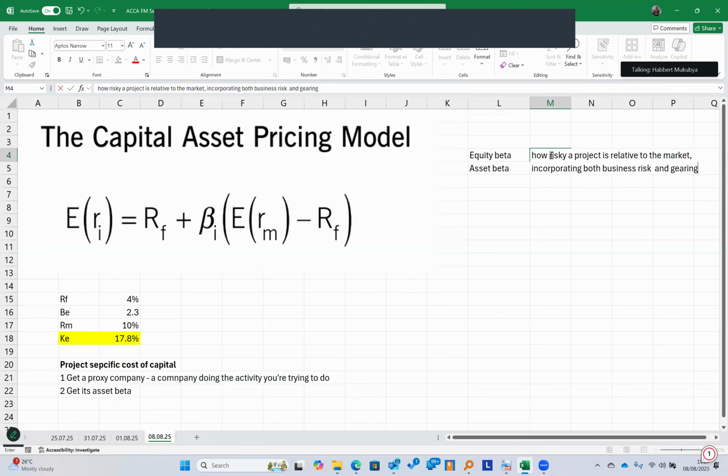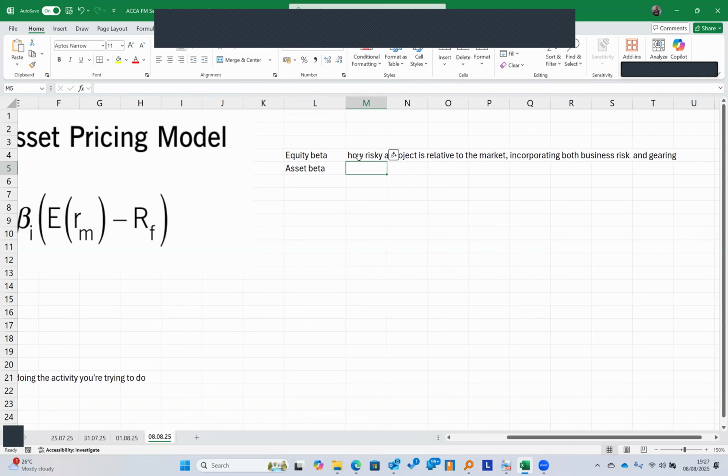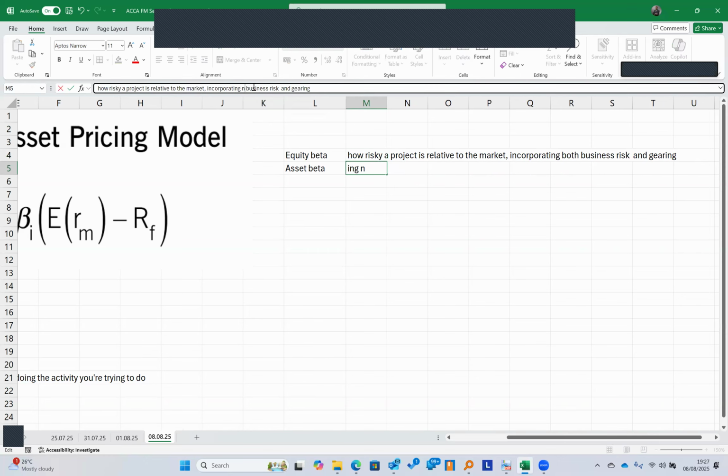So equity beta also incorporates gearing, whereas this one, it just only looks at business risk.